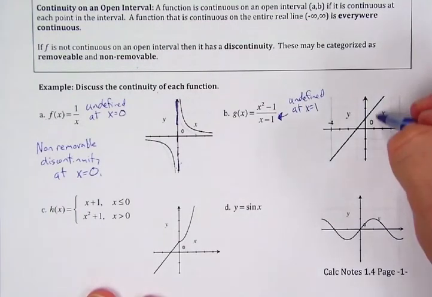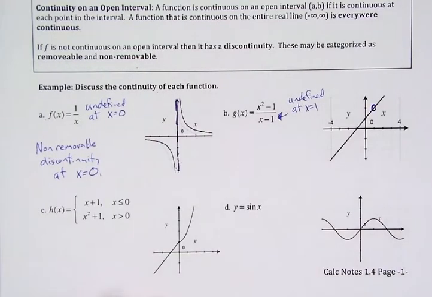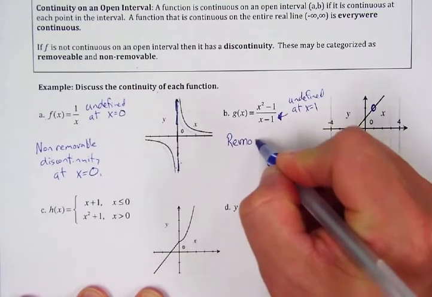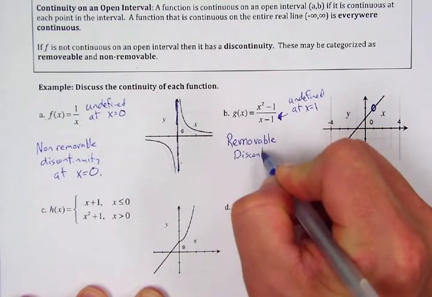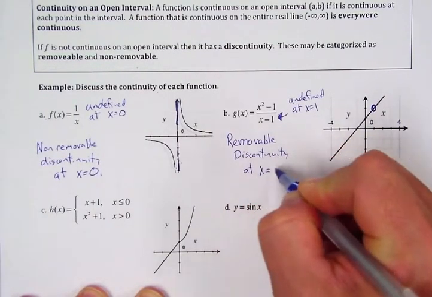So right here at x equals 1, there really is a hole. Now, what kind of discontinuity is this? This is a removable discontinuity at x equals 1.